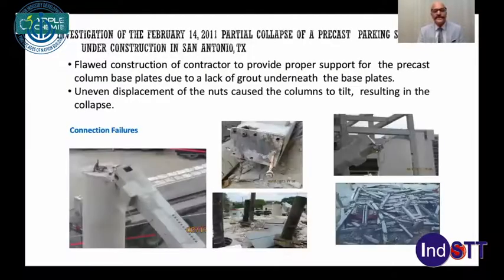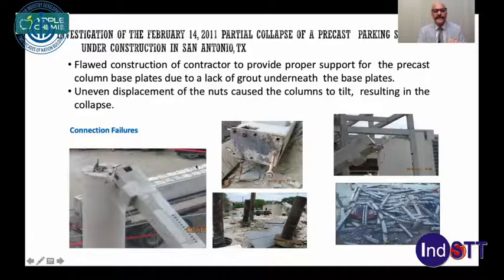And the joint is the key factor. Why am I saying the joint is the key factor? Very recently, in 2011, in San Antonio, Texas, when there was an earthquake, almost all the structures which collapsed, the collapses pertaining to the precast, were failures of the connections and failures at the joints.